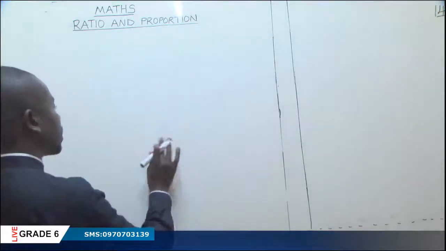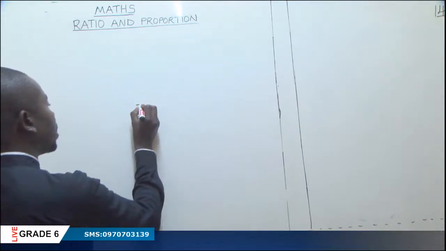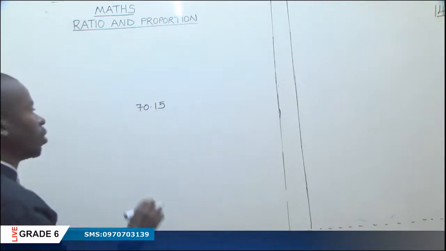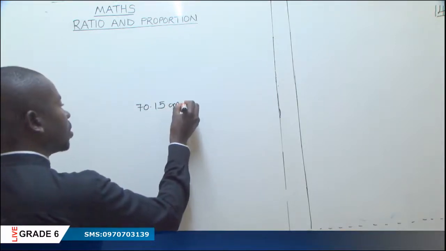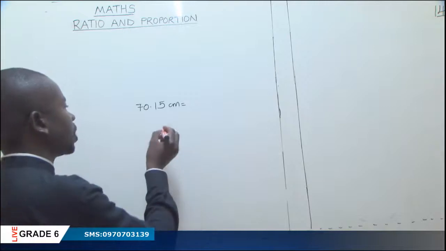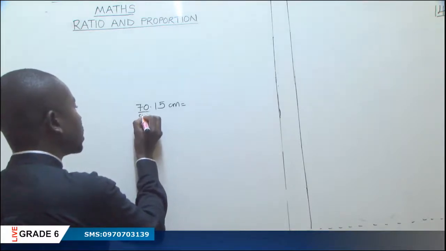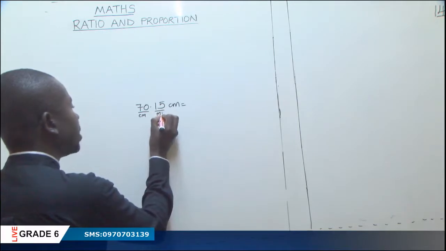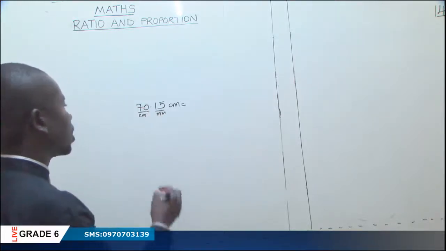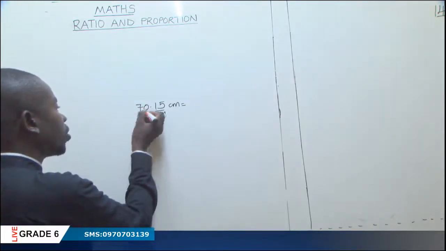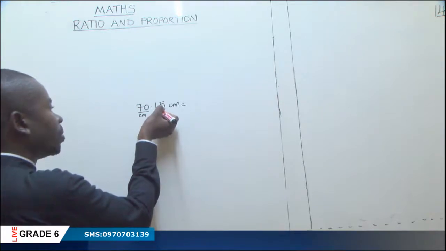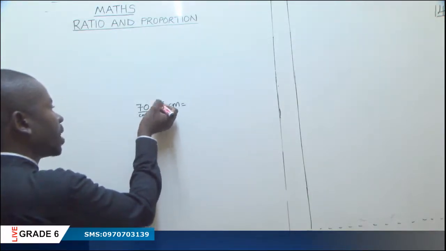If you have 70.15 centimeters and you are told to round off to the nearest centimeter, these are called centimeters and those are called millimeters. So if you're rounding off to the nearest centimeter, what you do is you get one from there, then you put it there.